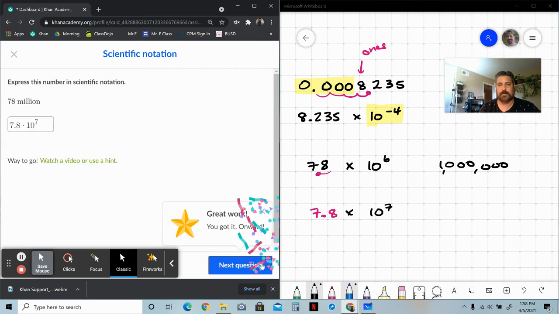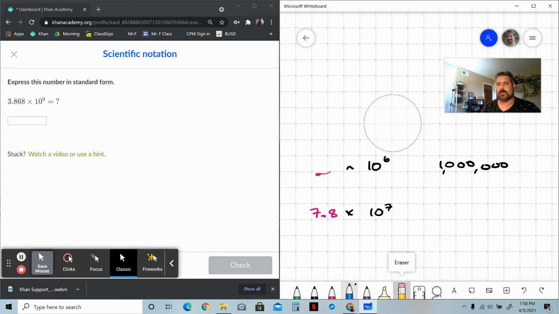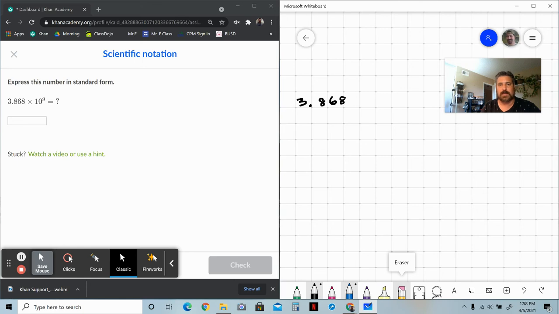There you go. And then this one says express this number in standard form. You're going to basically move this decimal place 9 places to the right. So when you're doing this one here, it's going to be 3.868 times 10 to the 9th. You're going to move it 9 places to the right.